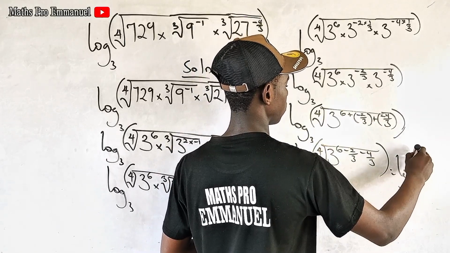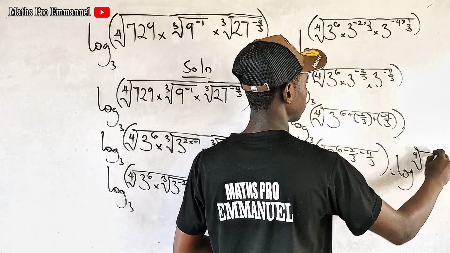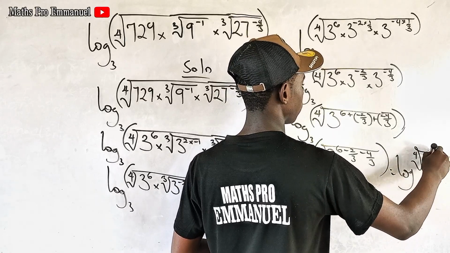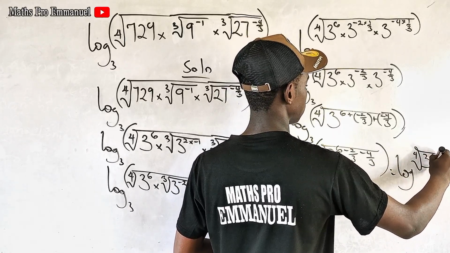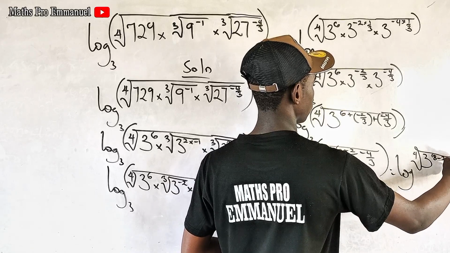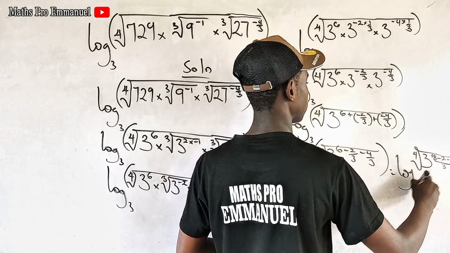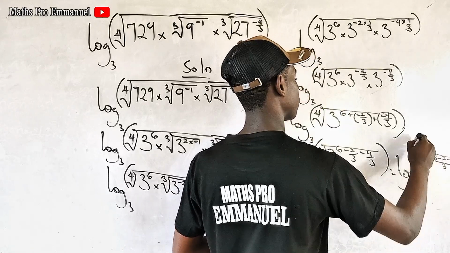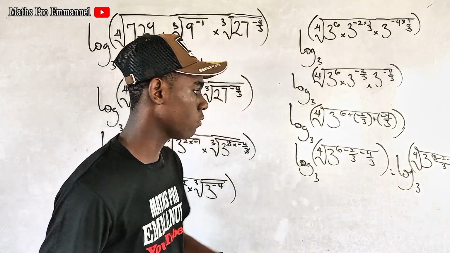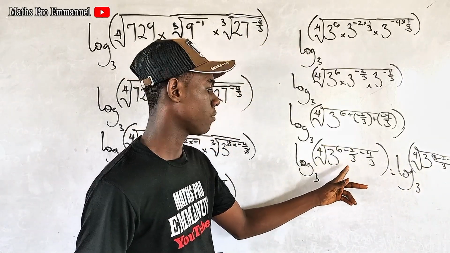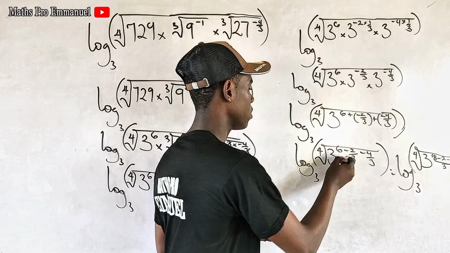So I'll have log fourth root of 3 to the power of 18 minus 2 minus 4, all over 3, base 3. For me, I just needed to find the LCM, which is 3.